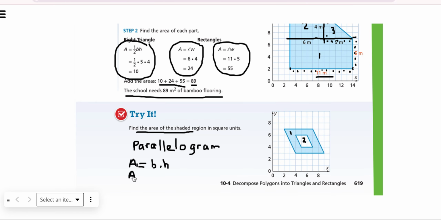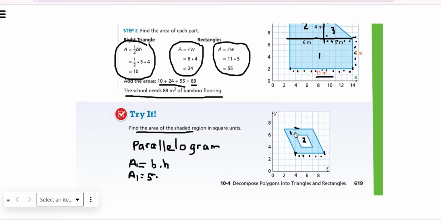So area of the first parallelogram is equal to the base. The base will be from here to here. So let's count how many boxes. 1, 2, 3, 4, 5. So this is 5 times the height, which will be from top to bottom, never slanted. From here to here. So how many boxes make up this parallelogram?